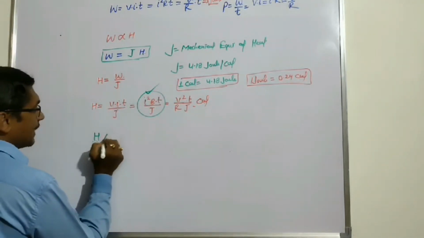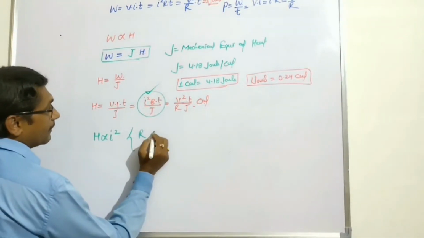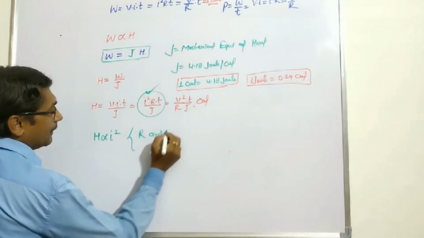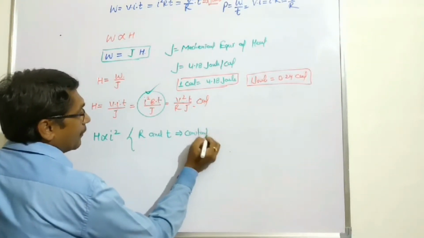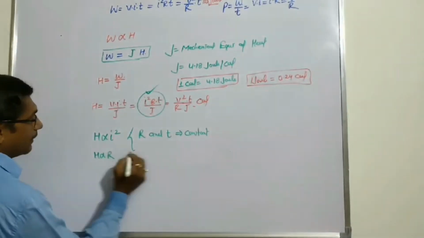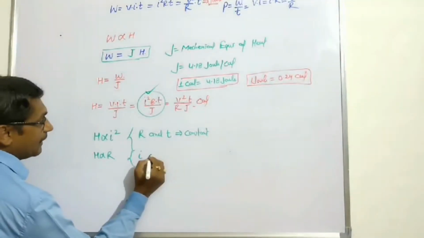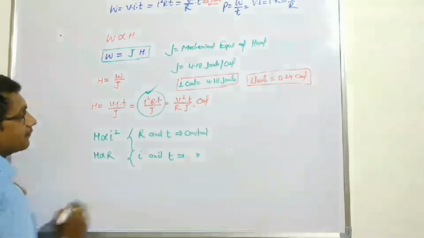So heat is directly proportional to the flowing current when R and T are constant. H is directly proportional to R when I and T are constant.